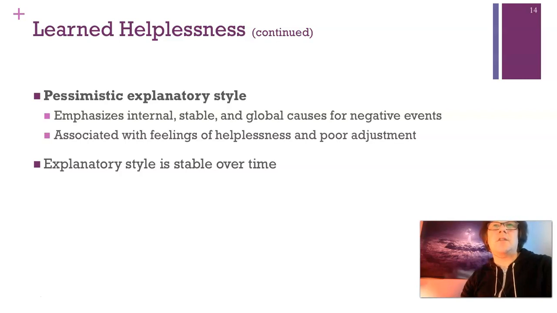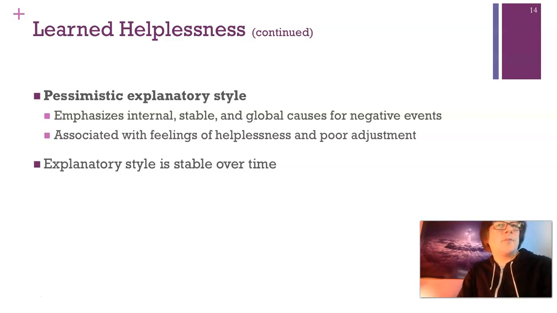What we see through the research is that explanatory style tends to be pretty stable over time. This is why we speak of learned helplessness or even locus of control as personality characteristics, or at least related to personality, because these explanatory styles tend to be pretty stable.